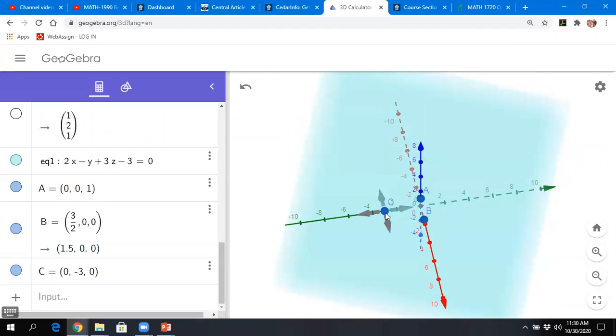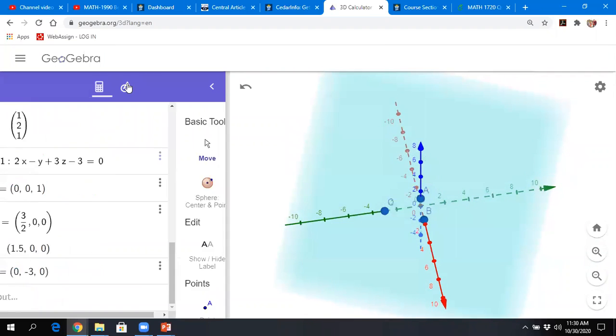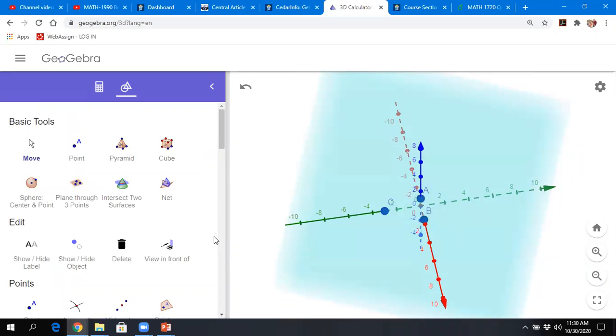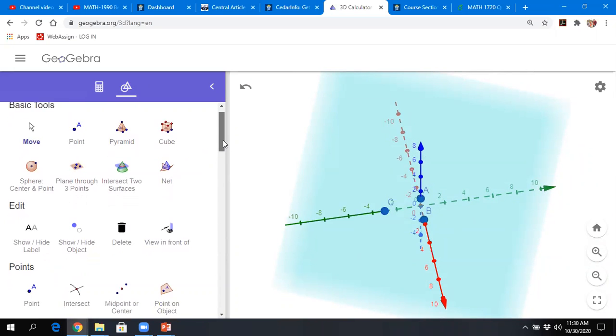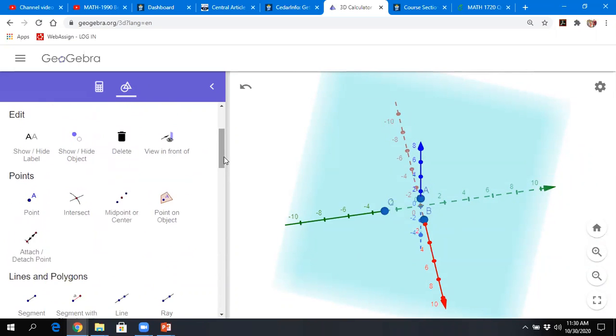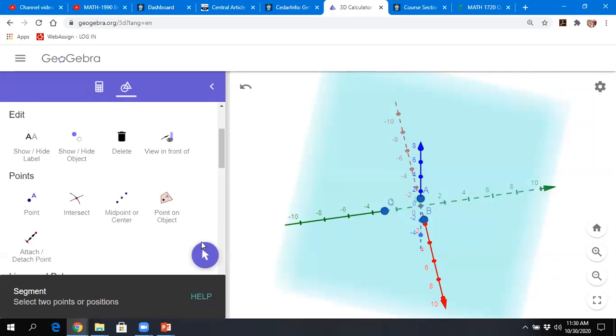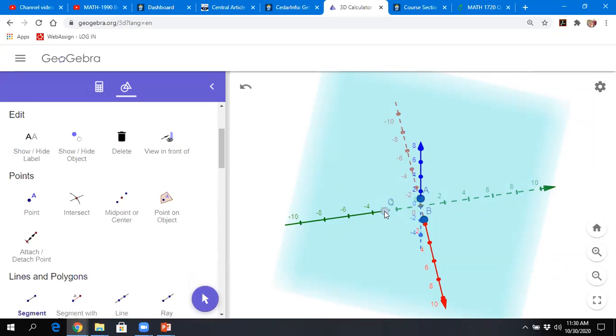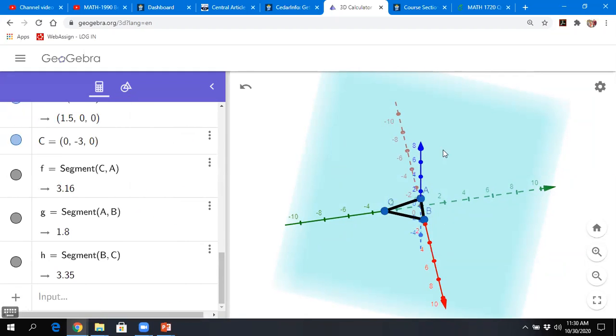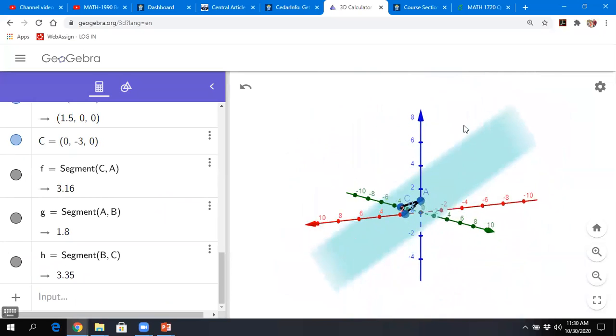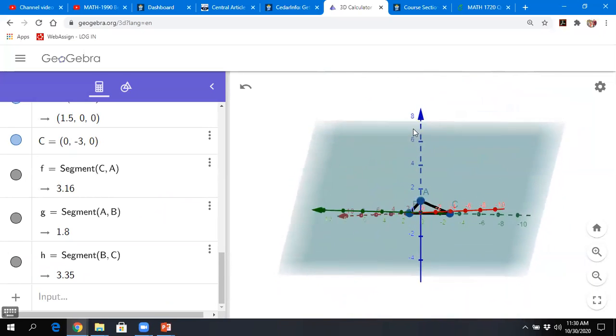That's nice, actually. I think I can make little line segments on here fairly easily. If you go over to this graphing mode, I can make segments. You go from there to there, there to there, there to there. And then you can see this little triangle that you get in the plane.